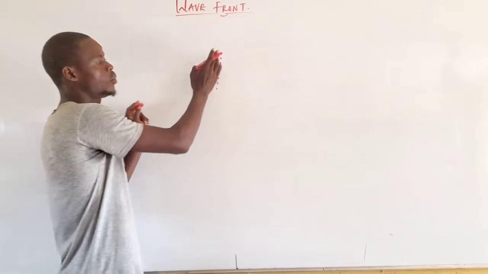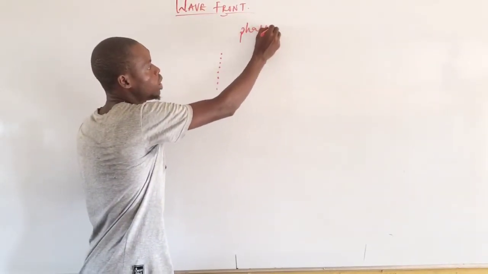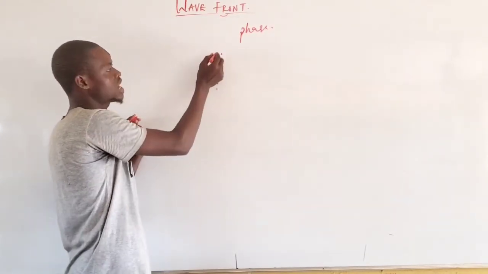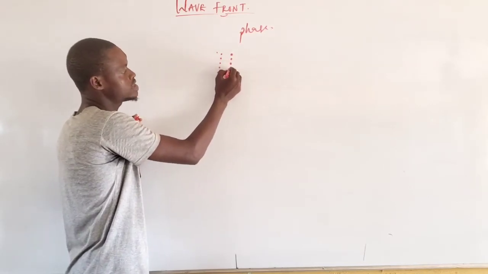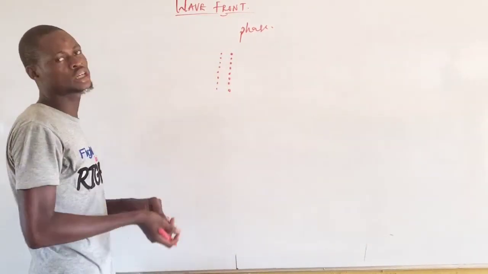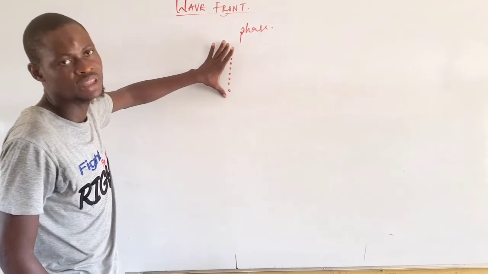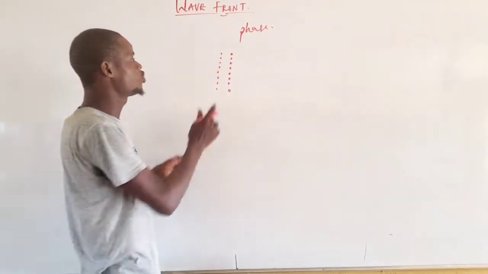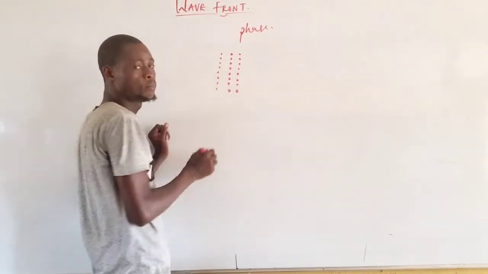Now, when we say these particles are moving in step or in phase, what we are referring to is that when this initial particle drifts to this place, this one also drifts to the same direction, the same position. Now, drifting doesn't mean that when this one leaves there, this one also leaves there. They are drifting together at the same time. When this particle moves, they move together at the same time.